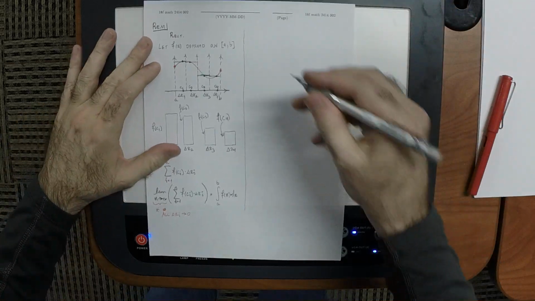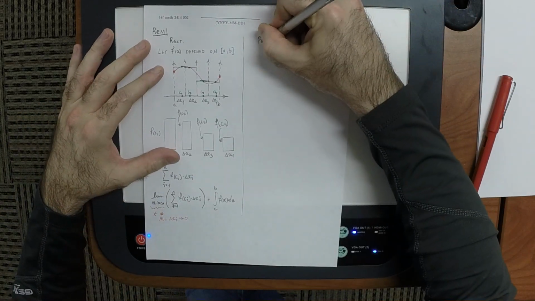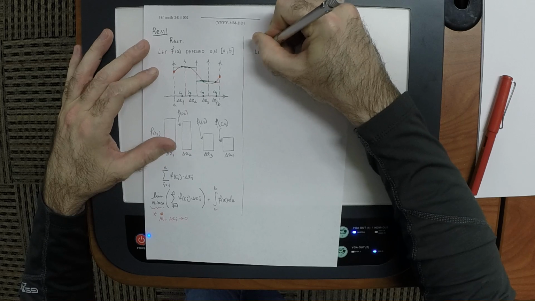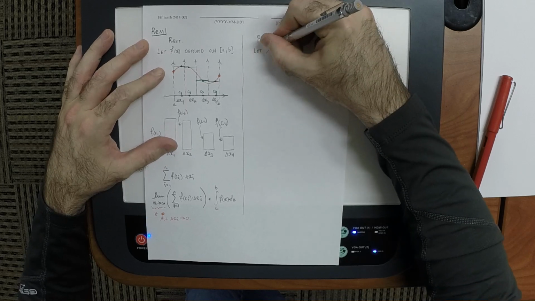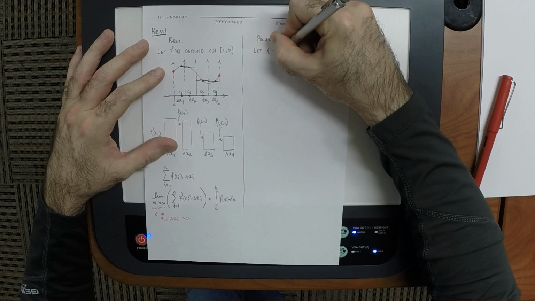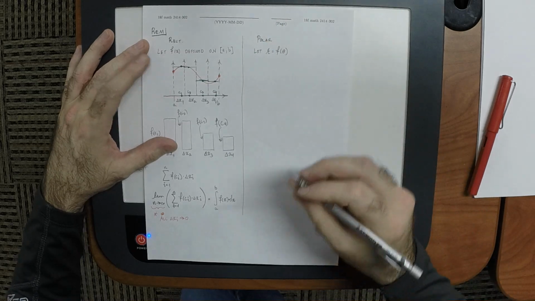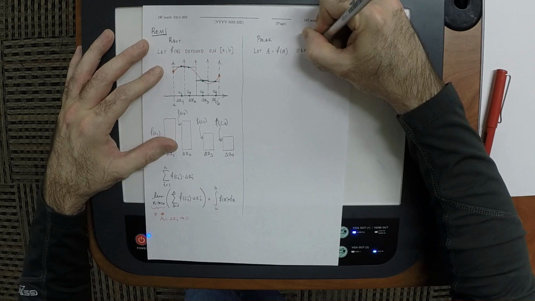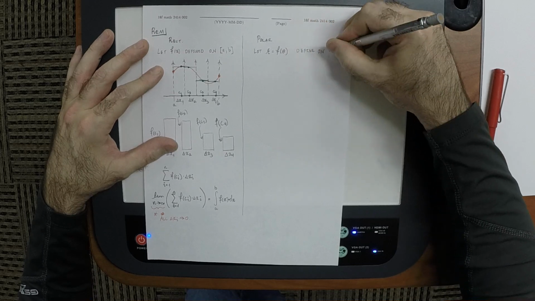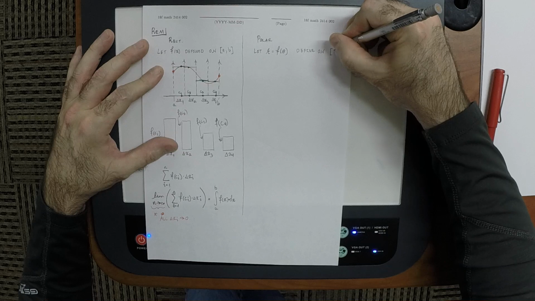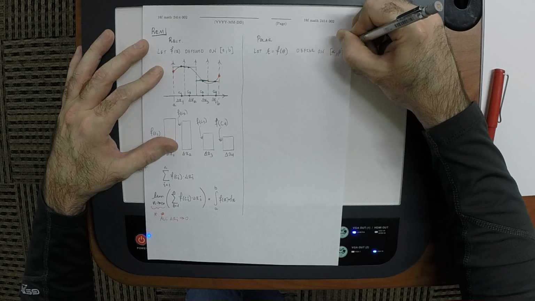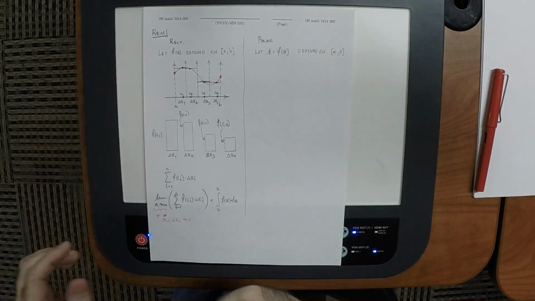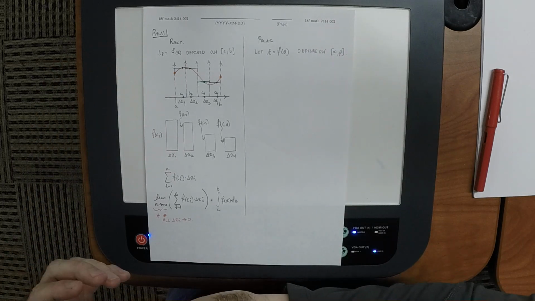Well, so now in polar coordinates, what if I say let r equal to f of theta be defined on alpha to beta. So now I'm going to draw a picture.